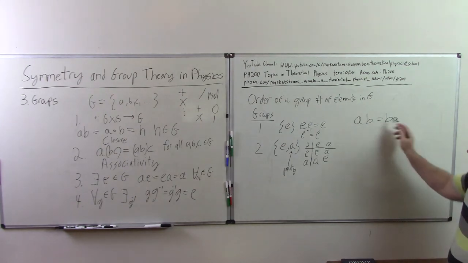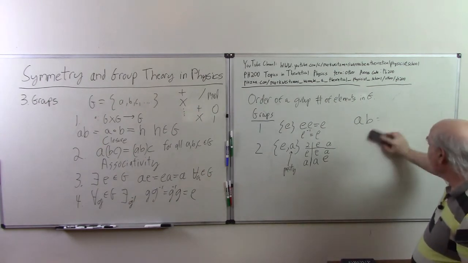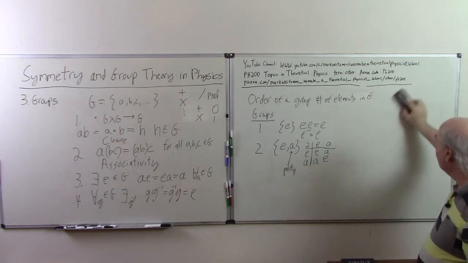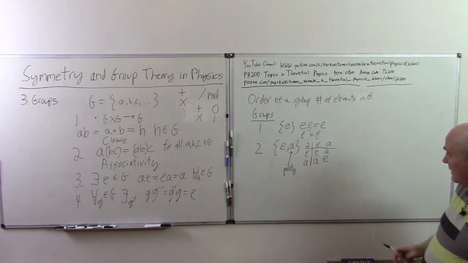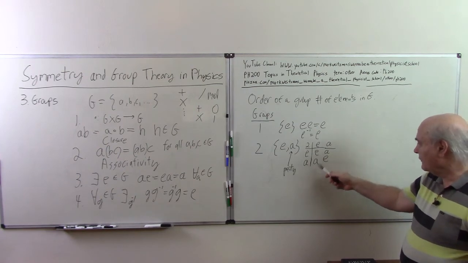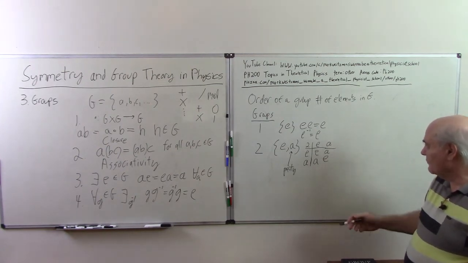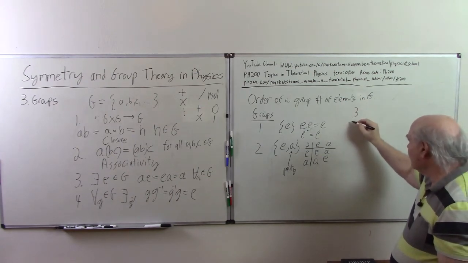And the commutative law does not hold for groups in general. But for small groups, as we'll see, groups with 1 through 5 elements, it does hold. So here there's really nothing to do because we only have A squared equal E, but I'm going to go into 3 elements now.